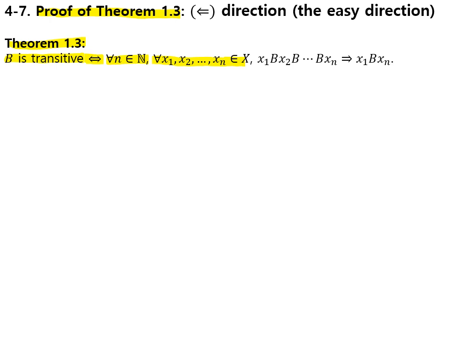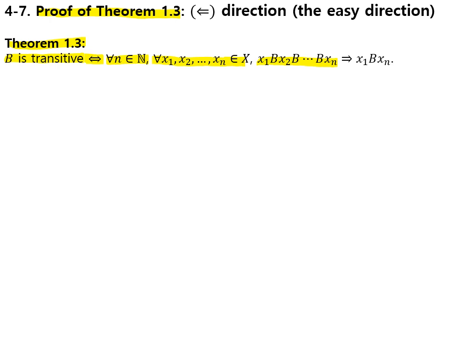And if we label the n elements from x1 to xn, if x1 is connected to xn through this chain that connects each element to the element with the subsequent index by the binary relation b.